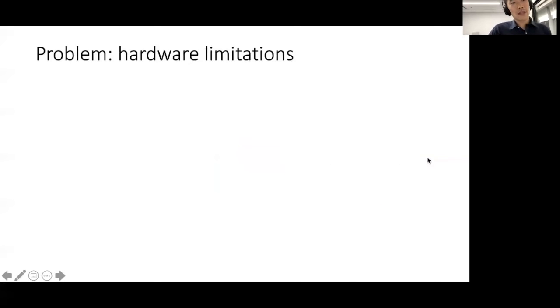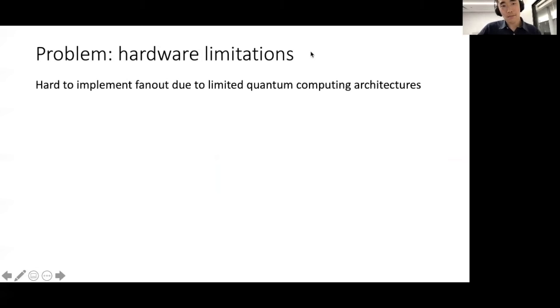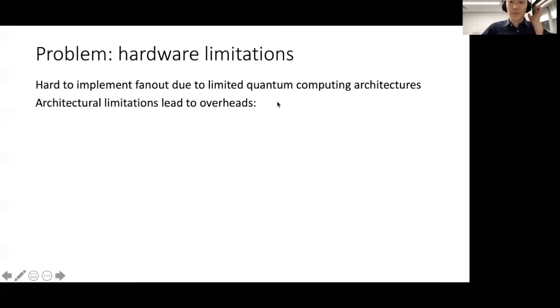However, there is a problem when it comes to implementing this gate. In a practical sense, there are limitations to how quickly you can implement this fanout gate due to restricted architectures leading to computational overheads.